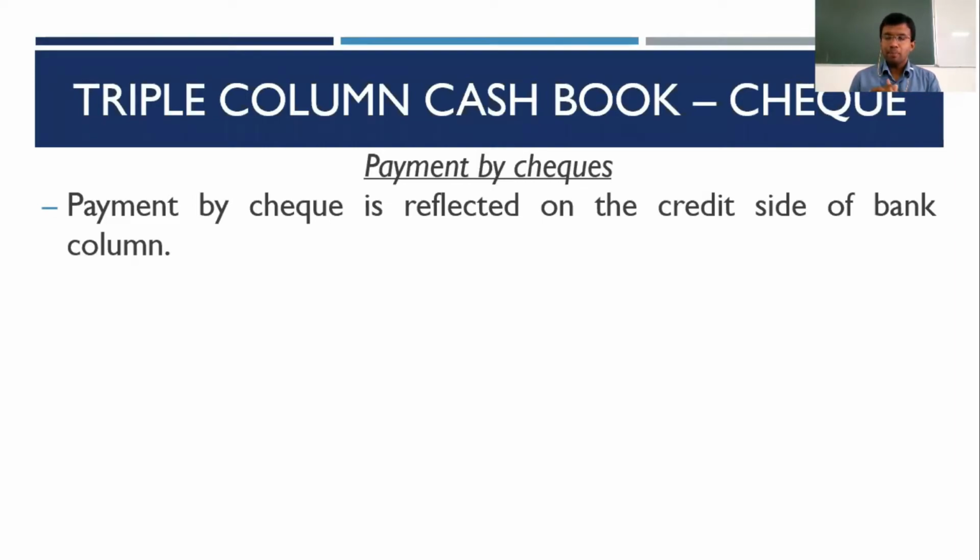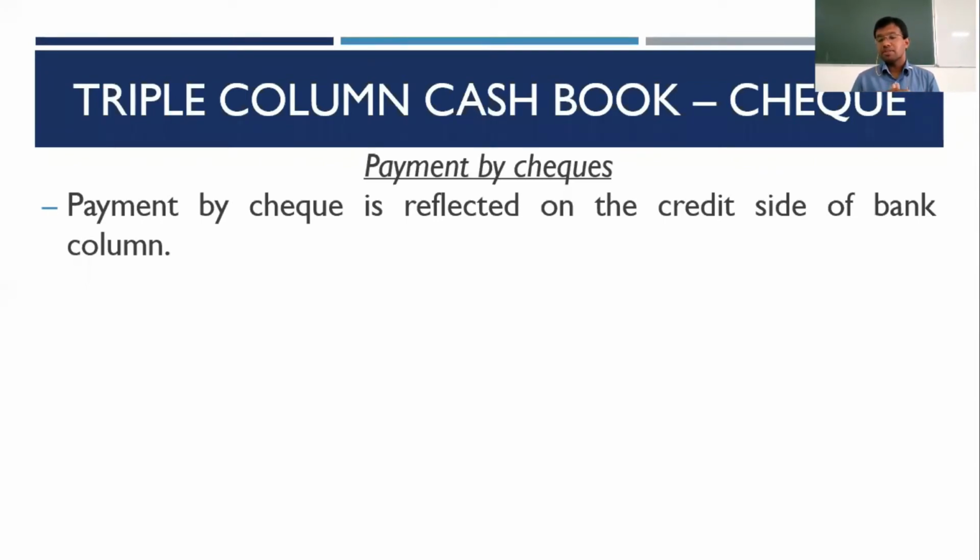One important thing to remember is that the cash column is real in nature, while the bank column is personal in nature. I'll repeat that. The cash column of your three column cash book is real in nature, so the golden rule is debit what comes in, credit what goes out. The bank column of the three column cash book is personal in nature.